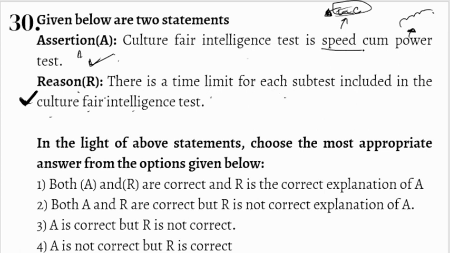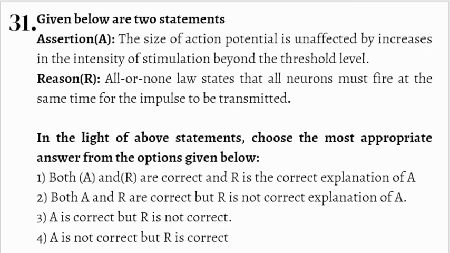It explains why it is known as a speed test because it has a time limit, but it does not explain why it is known as the power test, right? So that's why we would go ahead with option number 2 because it explains our assertion only partially, not fully. Okay. Moving ahead to question number 31.